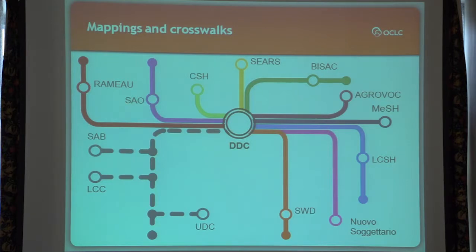None are exhaustive. Italian subject headings have Dewey numbers in their authority records. SWD are the German subject headings. They've been exhaustively mapped. Then over in this corner over here are several classification systems. SAB is a Swedish classification system, and that one has always had a conversion table associated with it between SAB and Dewey and is maintained to this date.